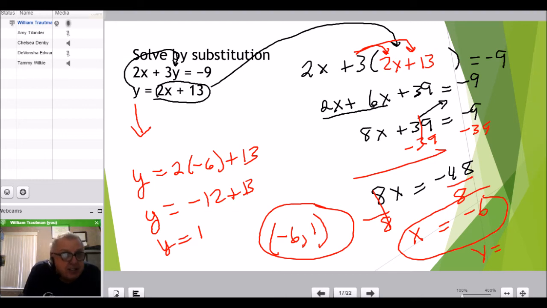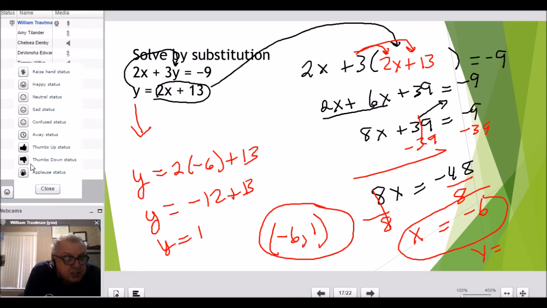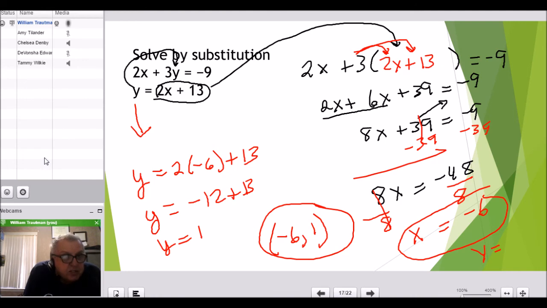Hey, I thought there was an icon that you can actually clap. Oh, did you find it? I thought there was. Oh, there's the little smiley faces. I got a happy status. I'm not sure how that works. There, I got a happy face next to my name.